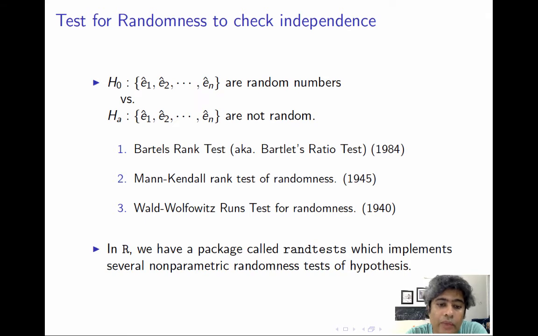In R, we have a package called randtests, which implements several non-parametric randomness tests of hypothesis. In this package, I have checked that these three tests are definitely there. In addition, there are some other tests for checking randomness in a sequence of continuous random variables.